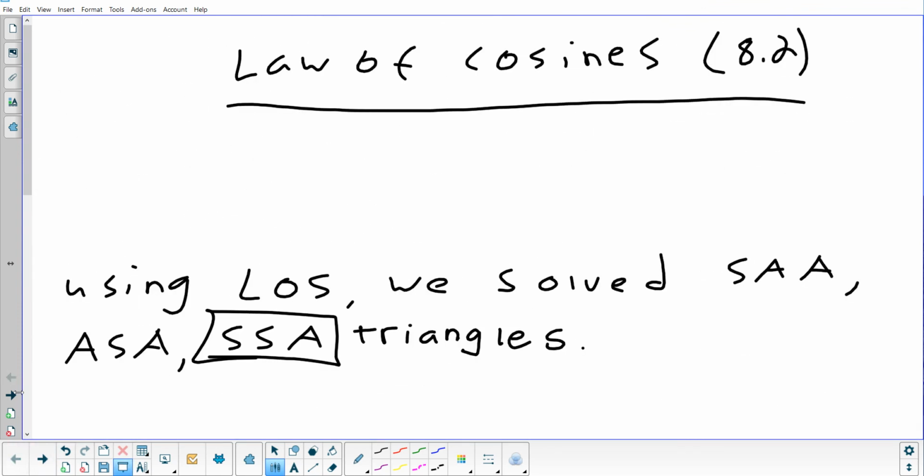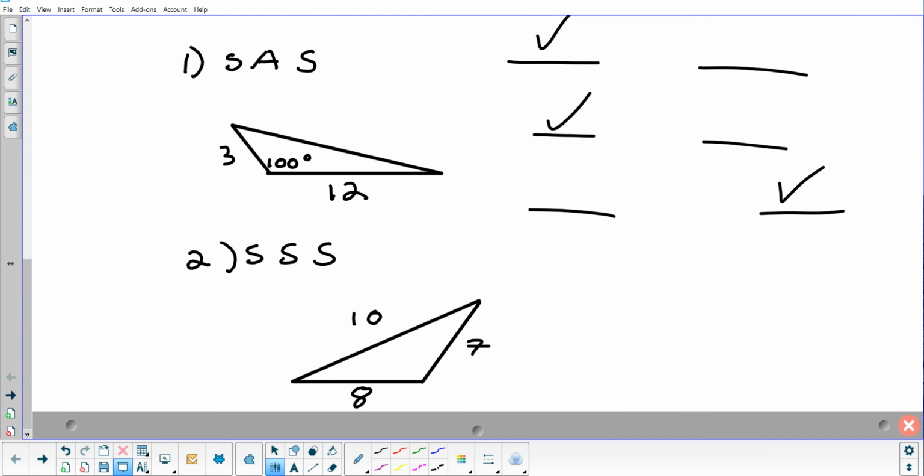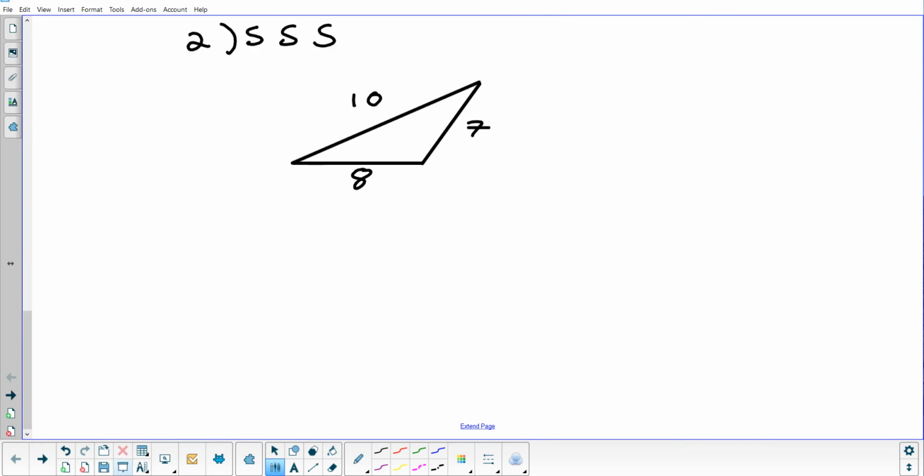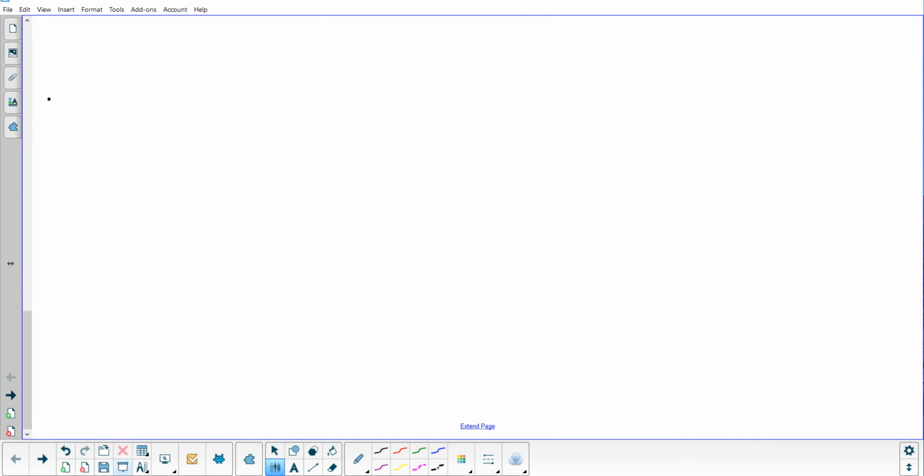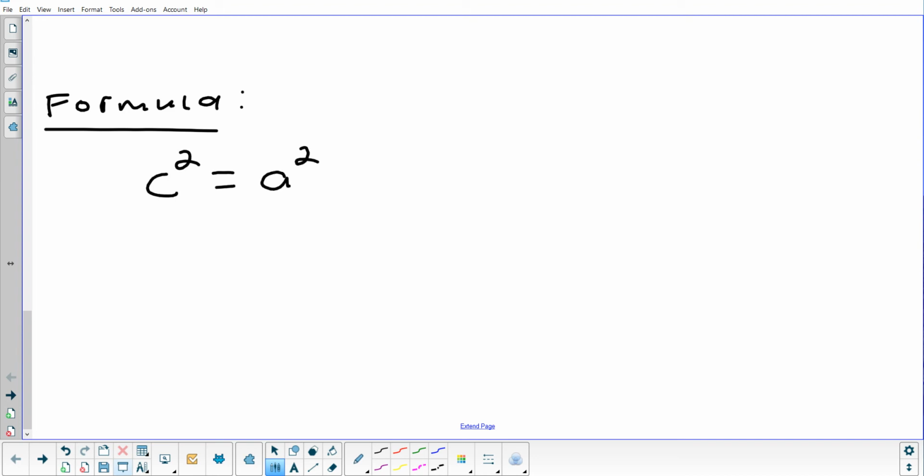Which apparently I need to write down. So let's write it down. So, formula. And I'm going to say it kind of generically. One side squared equals the sum of the other 2 squared.